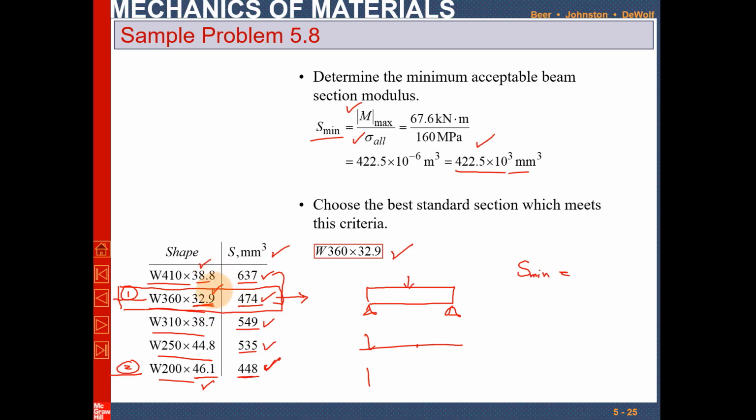Among them you choose one beam, and that beam meeting the criteria of minimum section modulus and minimum weight per meter will be your design beam, and you can use it as per your required loading. So this was all about how to design a prismatic beam.